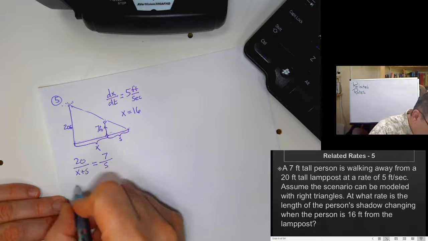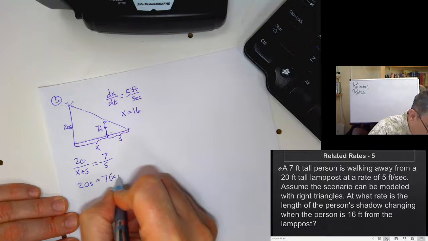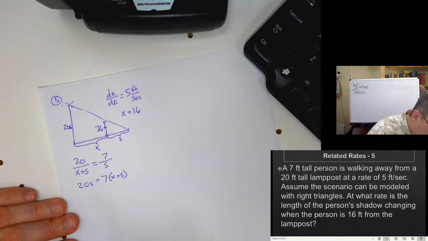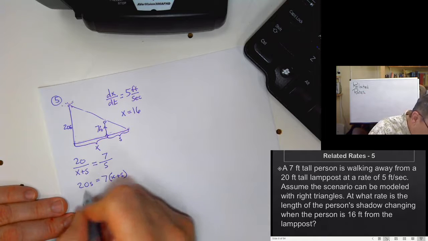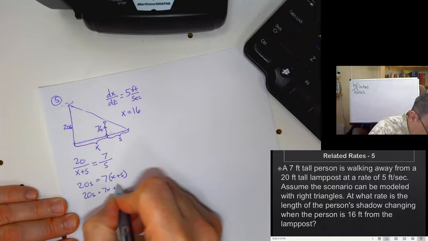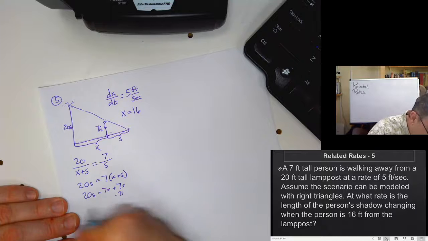So 20s equals 7 times (x plus s). You saw what I did right there, right? 20s, 7 times (x plus s). Now we're going to distribute the 7. 20s equals 7x plus 7s. Okay, now we're going to subtract 7s from both sides.